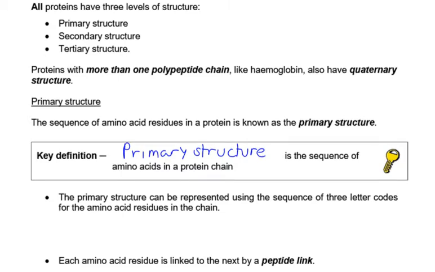Now, biologists use different codes for describing the primary structure. One of the codes is a 3-letter code. And each of the 20 naturally occurring amino acids in human proteins has a different 3-letter code.